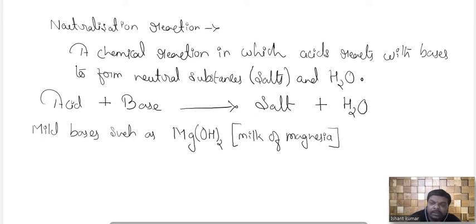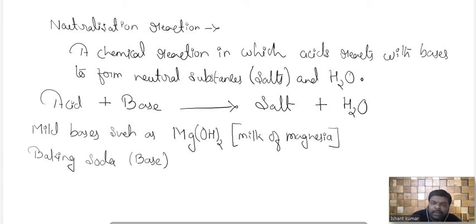Now, a home remedy for this acidity is to use baking soda in a very small amount, which is also a base. We can use baking soda to have relief in acidity, because this base will react with the acid present in our stomach and it will get neutralized there.